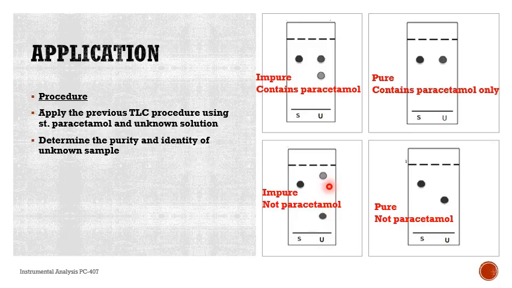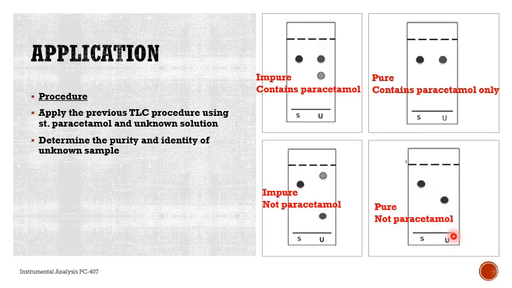Okay, what about the identity? Is it paracetamol? Does it contain paracetamol? No. Why? Because none of these spots has the same RF value as paracetamol. One has moved further and one has moved lesser. Okay, so no paracetamol in this unknown solution. And the final example, this is standard paracetamol and this is the unknown solution.